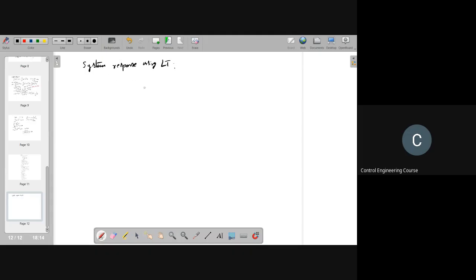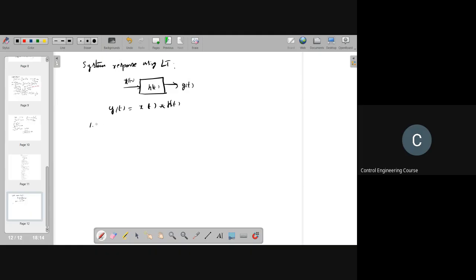You have a system whose response is y of t for the input x of t, and h of t is the impulse response. Then the response of the system, we saw, is y of t equal to x of t convolved with h of t. Right.